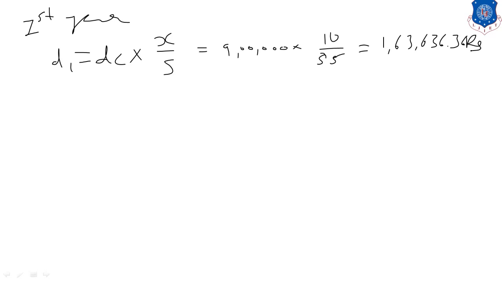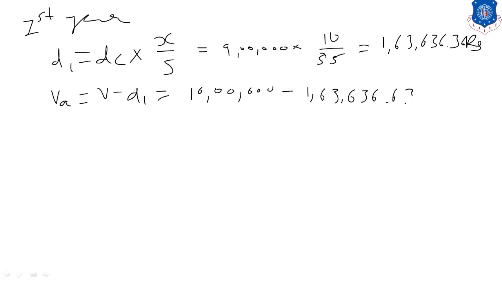Now we have to calculate the book value for the first year. Book value VA is equal to V minus D1. The original value of equipment is 10 lakhs, so let's write 10 lakhs minus D1, which is 1,63,636.36.